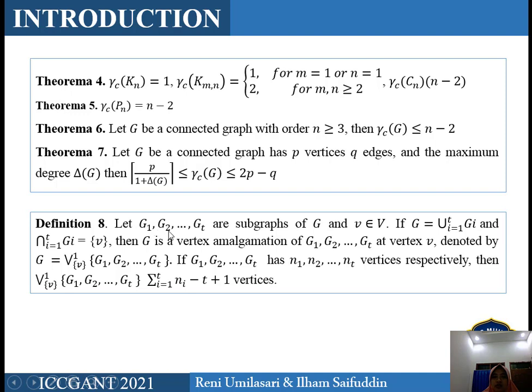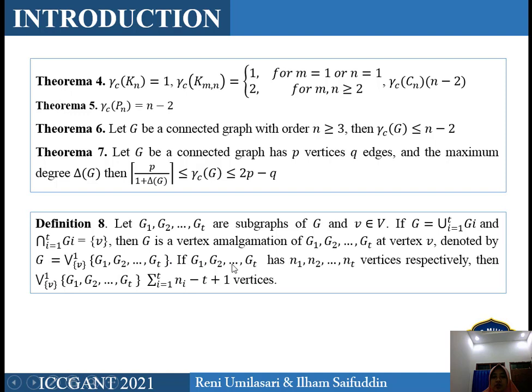Let G1, G2 until GT be subgraphs of G and v an element of V. If G equals the union of Gi for i equals 1 until T, and the intersection of Gi for i equals 1 until T is equal to vertex v, then G is a vertex amalgamation of G1, G2 until GT at vertex v, denoted like this.